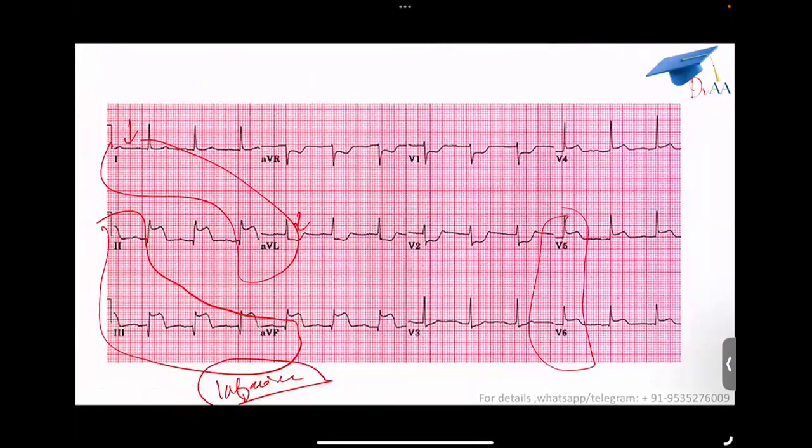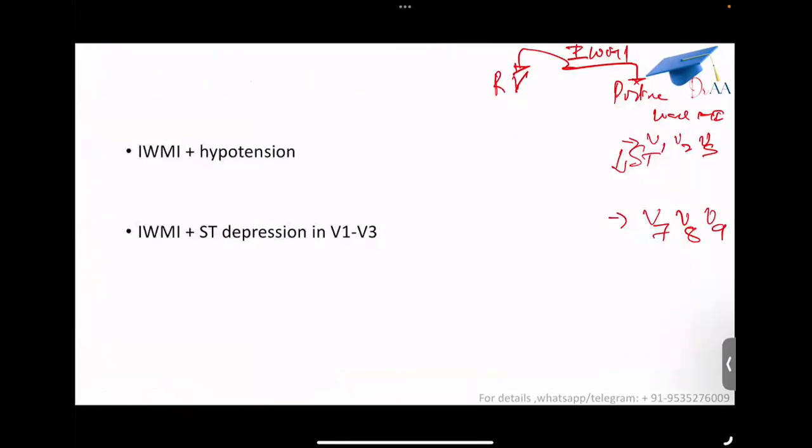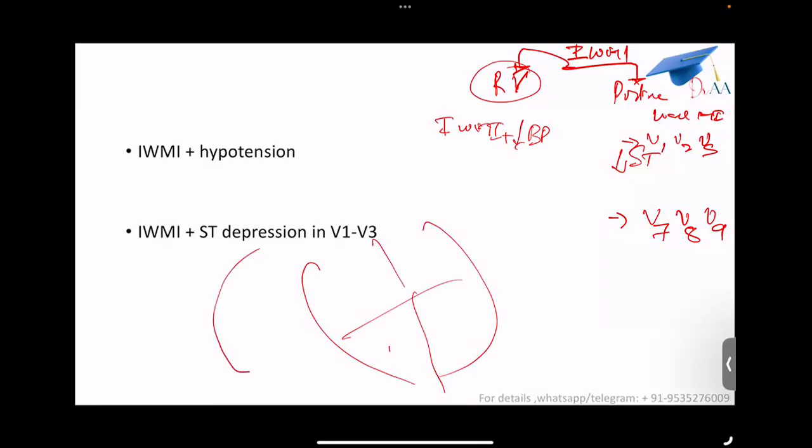Next, how do we rule out and assume it is a right ventricular MI? If someone with an inferior wall MI comes with low blood pressure, that is hypotension, think of right ventricular involvement. This is because you're getting the blood from all over the body, from the superior vena cava and inferior vena cava, into the right atrium. From the right atrium, it goes into the right ventricle.